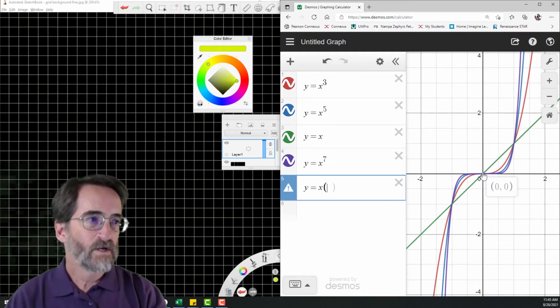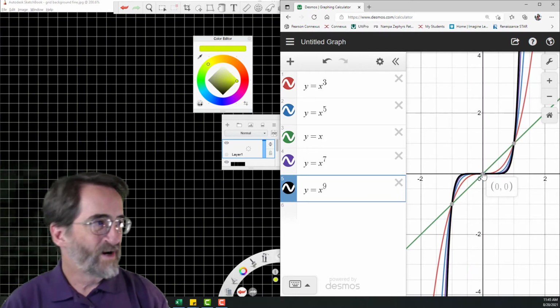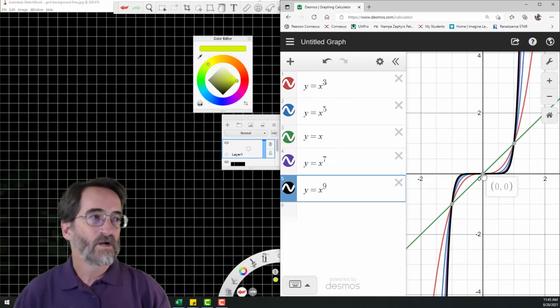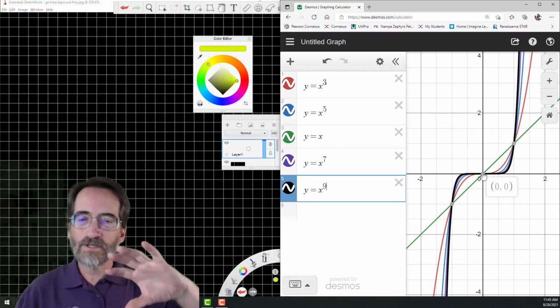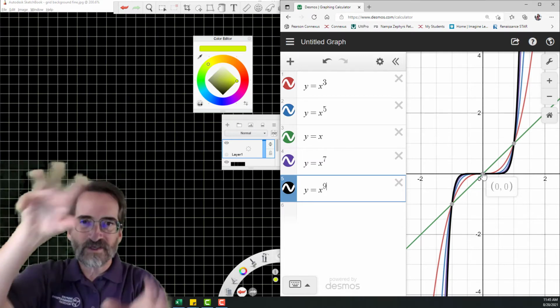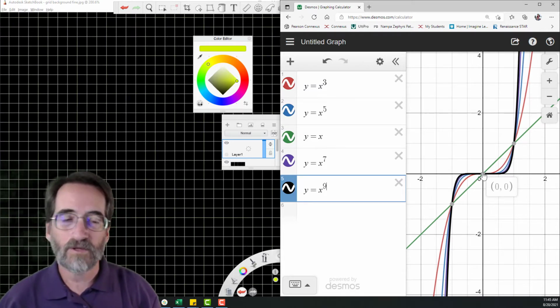Hopefully you notice that they are all odd numbers, and that in fact is why this is called an odd function. You notice they all have this origin symmetry. That is, if you take the whole thing and spin it 180 degrees, it matches itself. It simply gets steeper and tighter the higher the exponent.